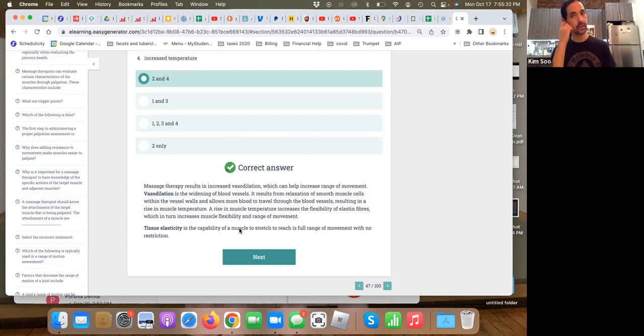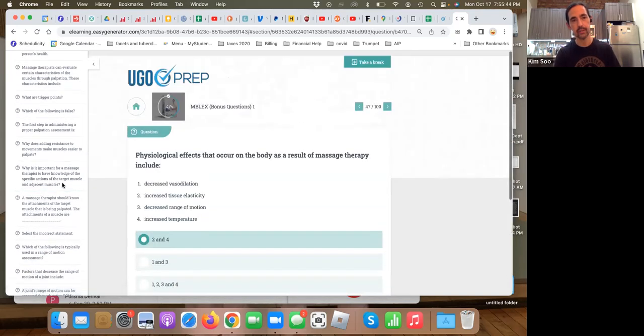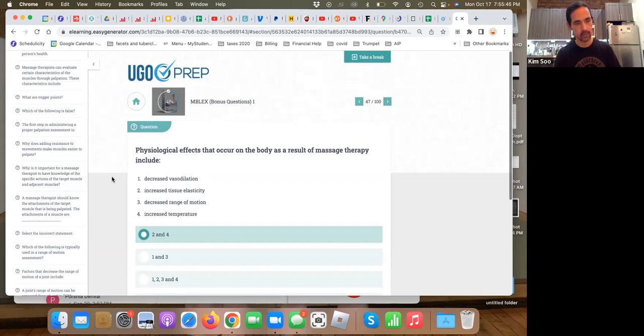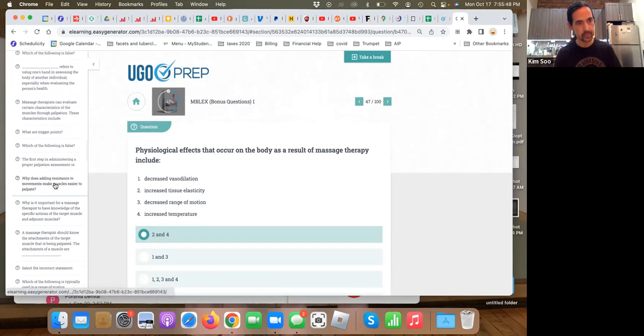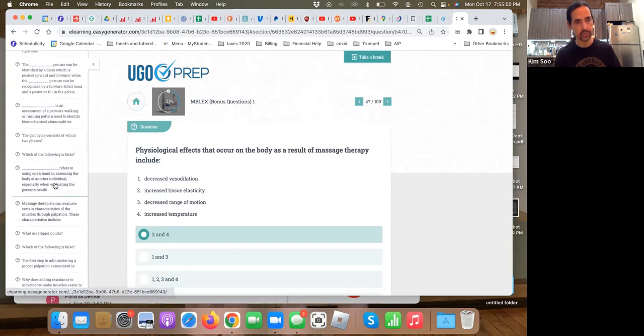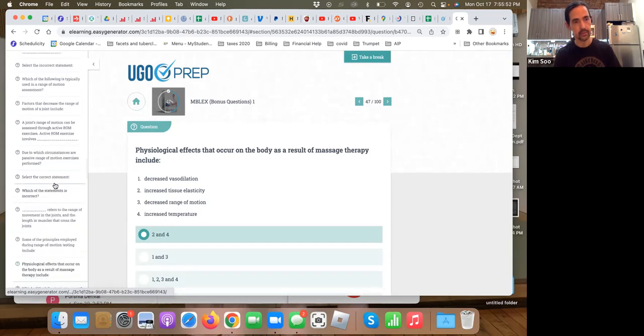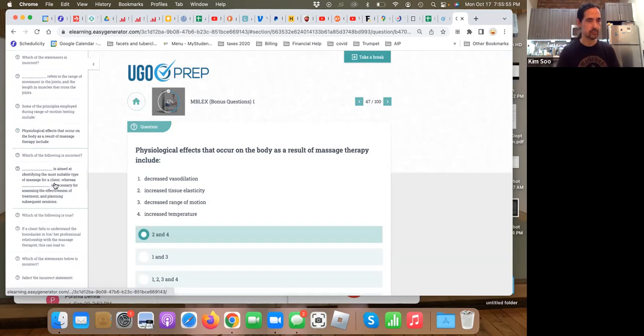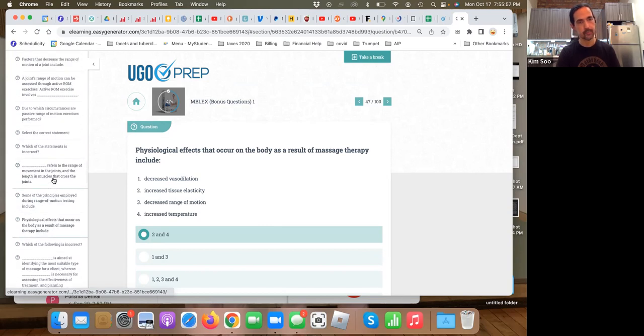So be prepared that there can be some tricky areas, like the definition of range of motion can be a little bit flexible here and there. It depends on how they word it, which is context, and it depends on what they're asking.